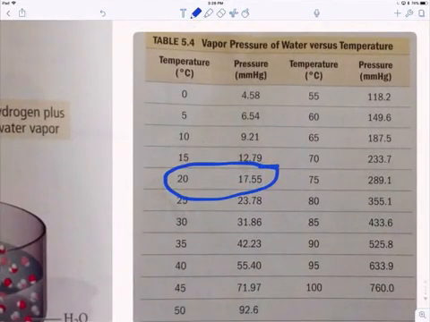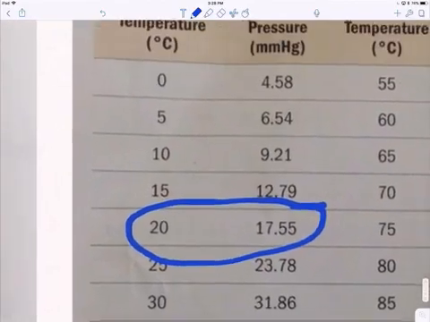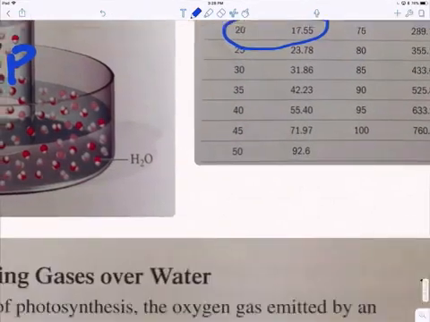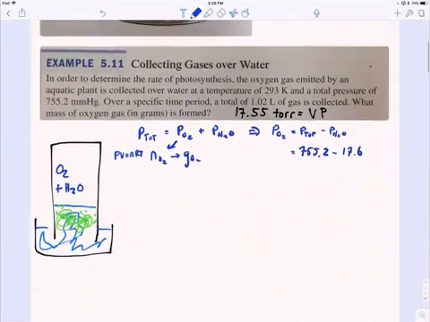So 20 degrees Celsius is 17.55, or rounded up to 17.6. Then 755.2 minus 17.6, and I'm getting 737.6.